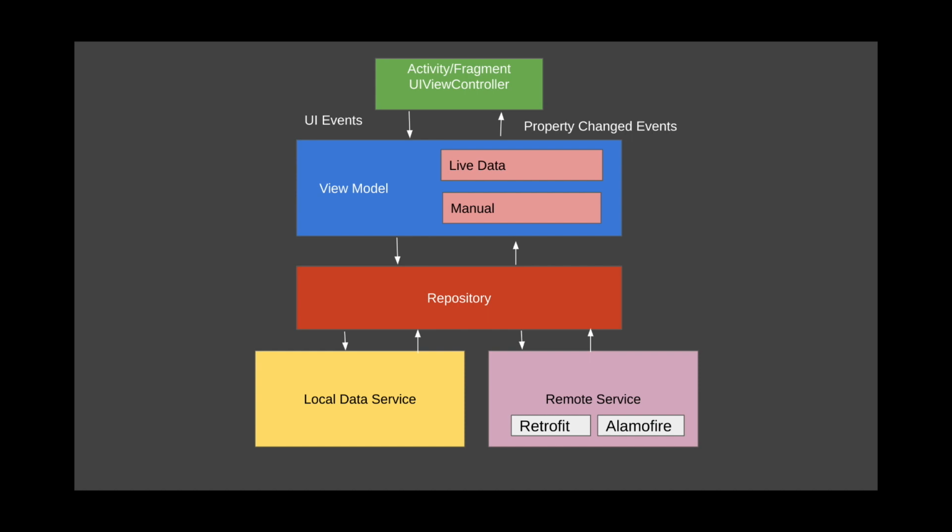The local data service is shared preferences for Android and user defaults for iOS. The remote service is using Retrofit and Alamofire. Then on the stack, we have another layer for the repository. We don't have interactors or use cases, mostly because it's quite simple, so we decided it wasn't worth it. And for the view model and the UI interaction, we have LiveData for Android and manual binding for iOS.